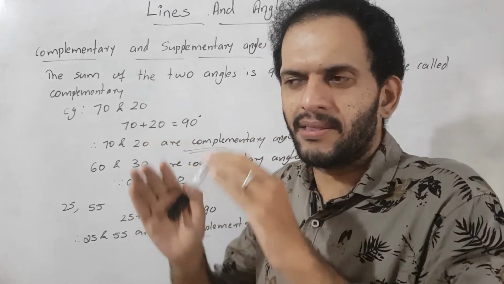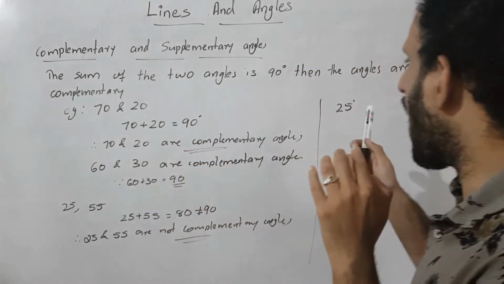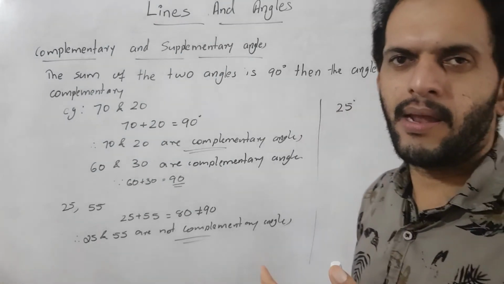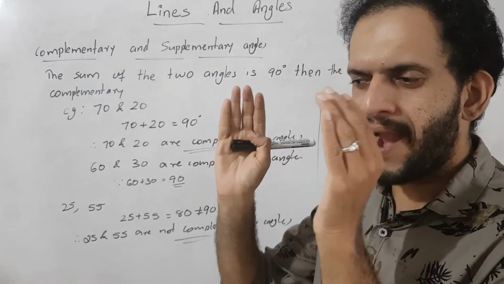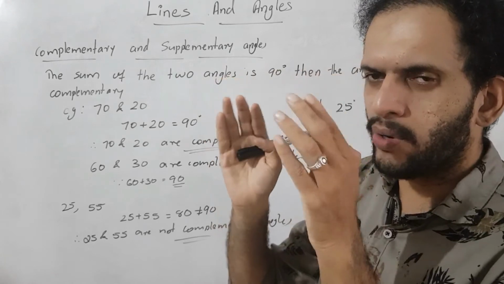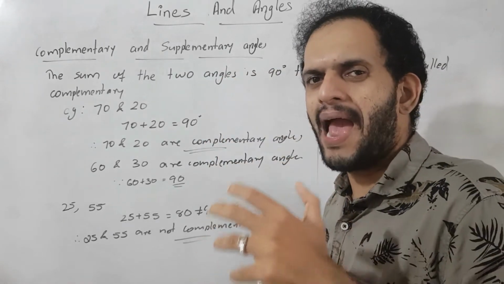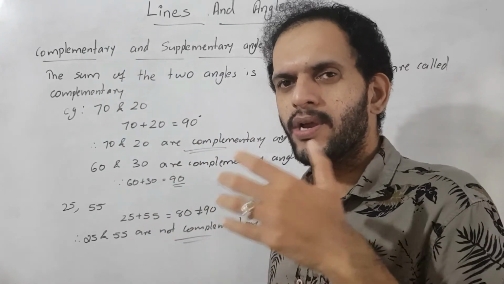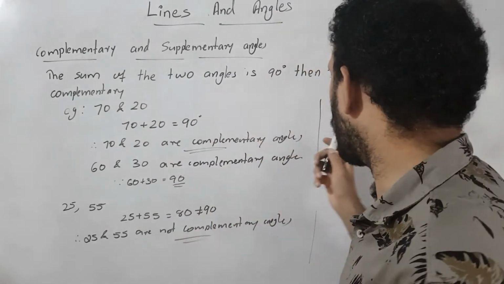an angle that we add with 25 so that we get 90 degrees, correct? If we add one angle to 25 and the sum is equal to 90 degrees, we conclude that angle is the complement of 25.